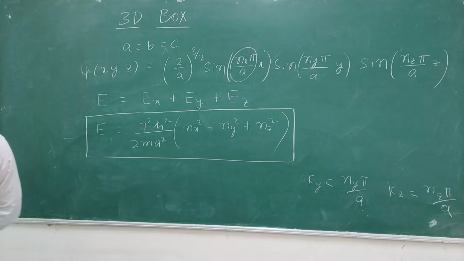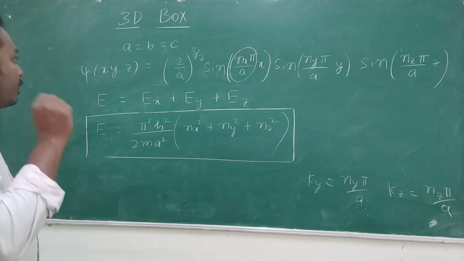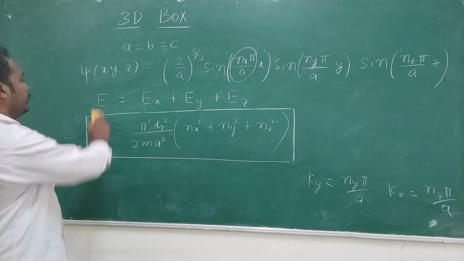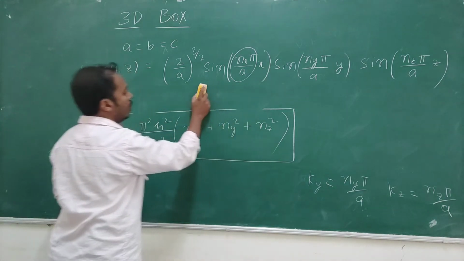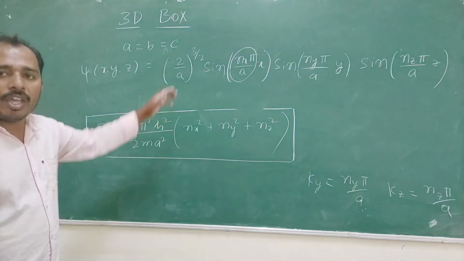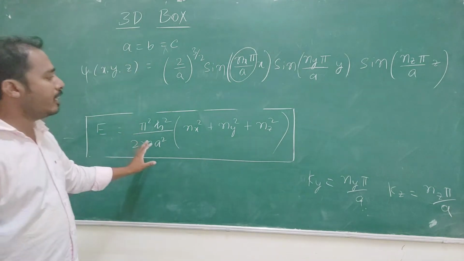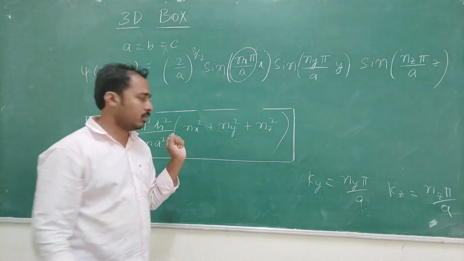This is the total energy of the particle inside the three-dimensional box. And this is the wave function of the particle inside the 3D box, and this is the energy of the particle inside the 3D box.